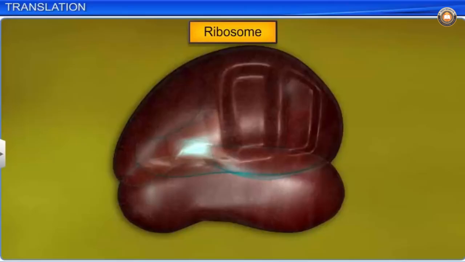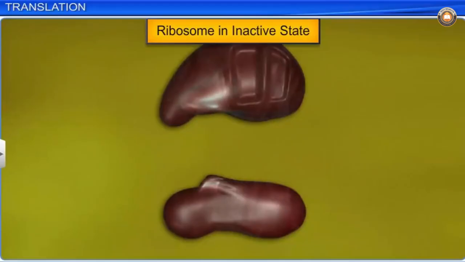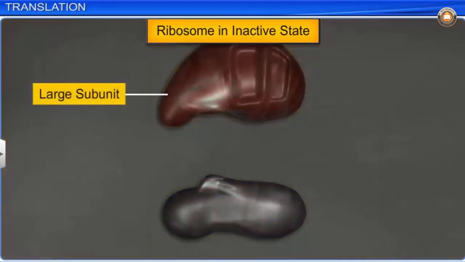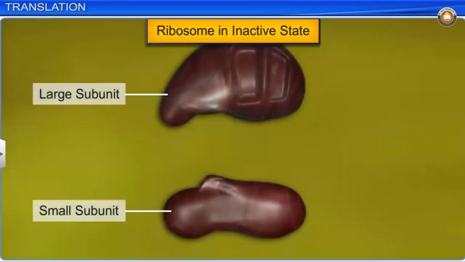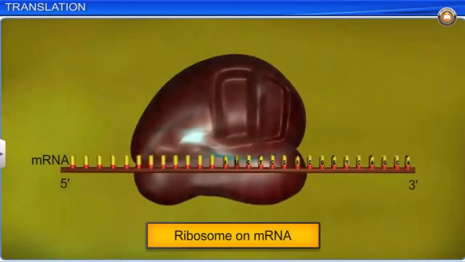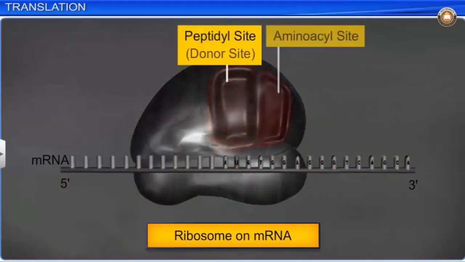In the inactive state, a ribosome consists of two subunits, a large subunit and a small subunit. The large subunit consists of two sites, the P or peptidyl site, also called the donor site, and A or amino-acyl site, also called the acceptor site.